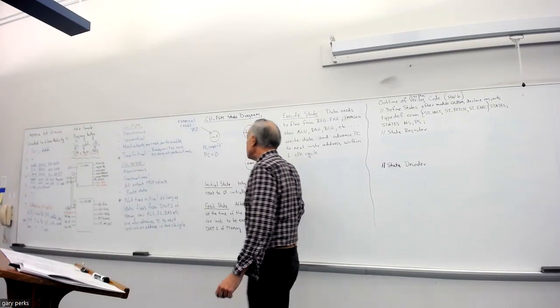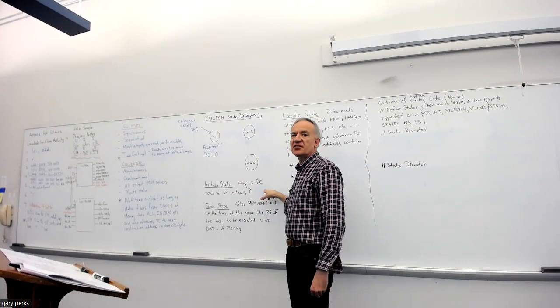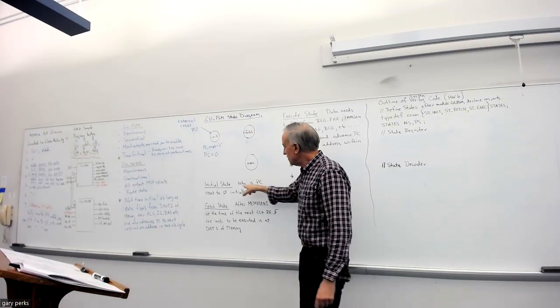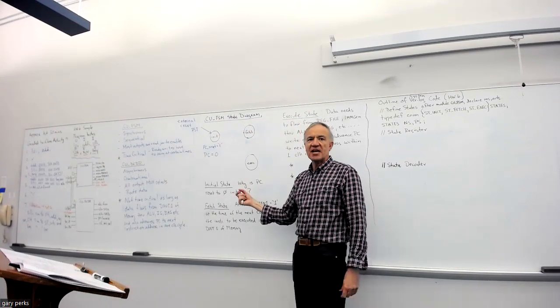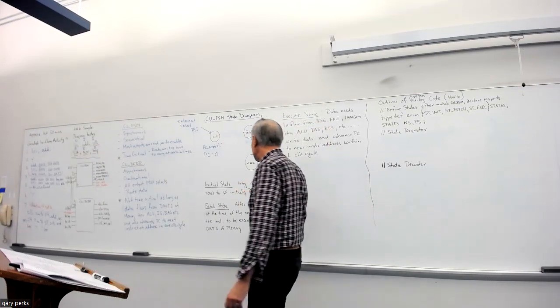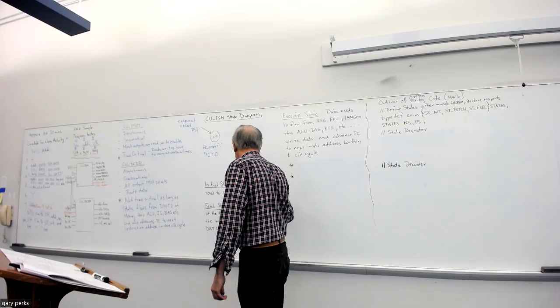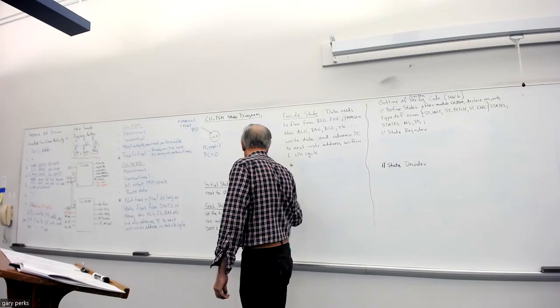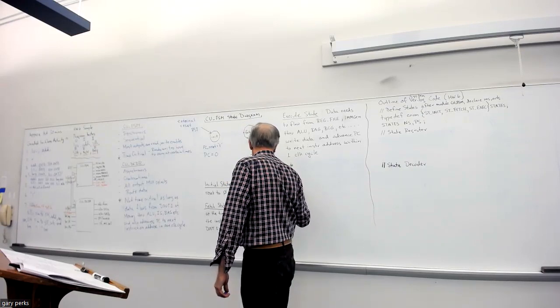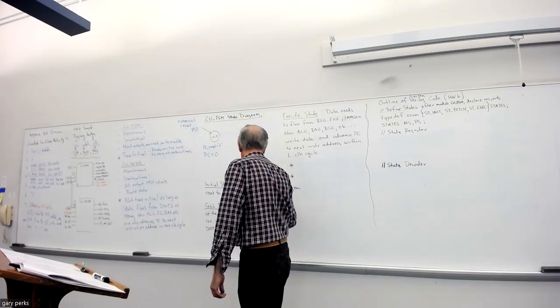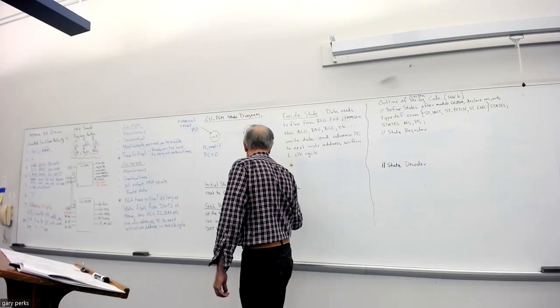See, the program always starts at address 0. So the reason we reset the program counter to 0 initially is because that's where the first instruction of the program is, at address all 0.